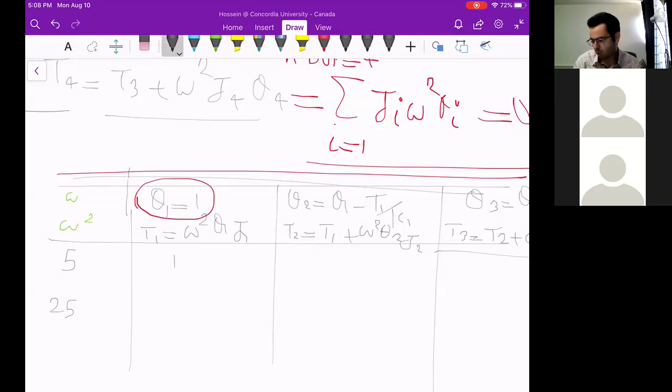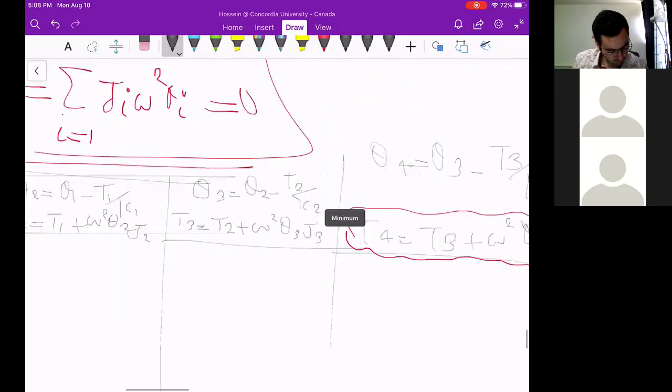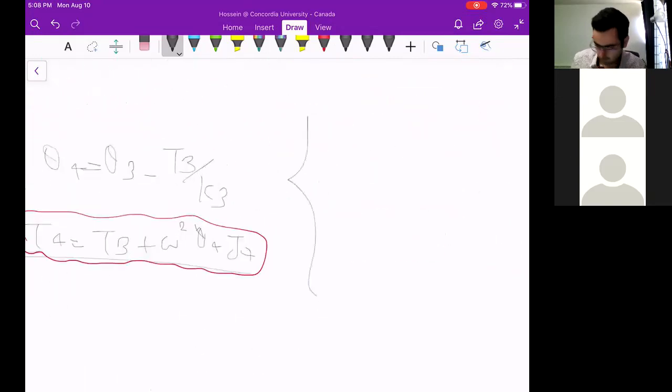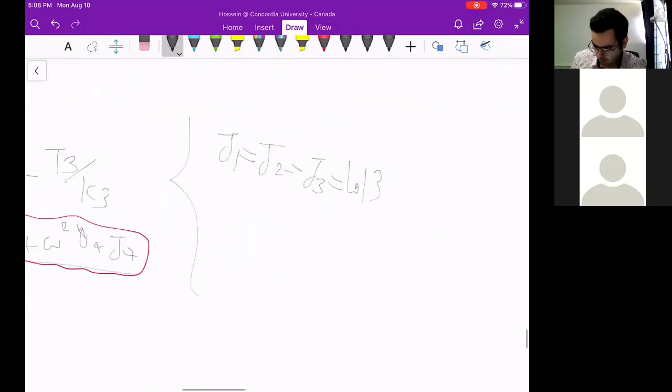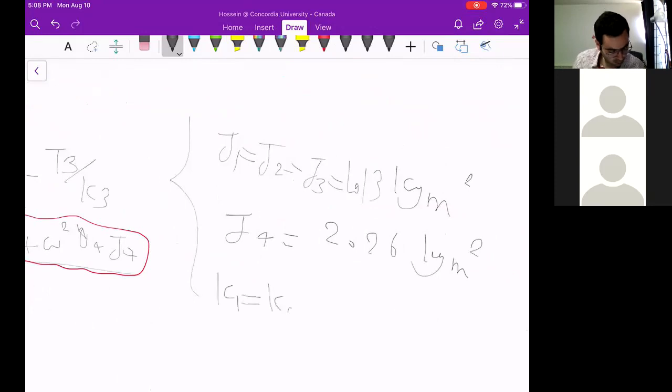J1, J2, J3 are given in the question. J1, J2, and J3 are equal to 1.13 kilogram meter squared. However, J4 is different, which is 2.26. K1 and K2: K1 is going to be equal to K2.